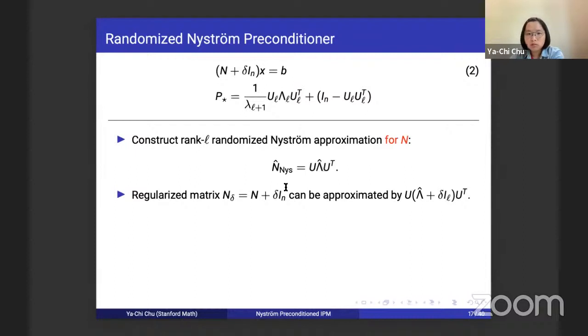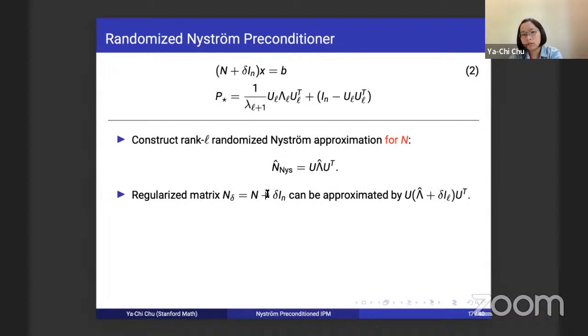Then for N plus delta, you simply add delta I to the diagonal of lambda, and you get an approximation. This approximation is usually better than the one you get for the whole matrix, because you exploit this special regularized structure.